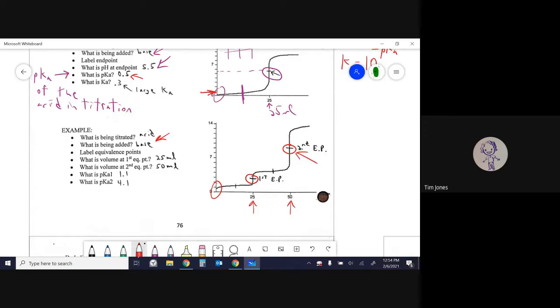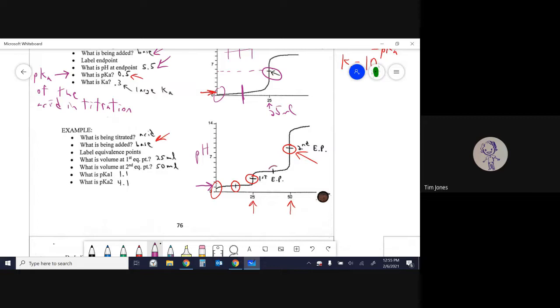pKa1 is referring to halfway to the first equivalence point, and I estimate that to be a pH of about 1.1. Over here, this would be the pH. And for the second, pKa2, what you do is you go halfway to the second equivalence point.